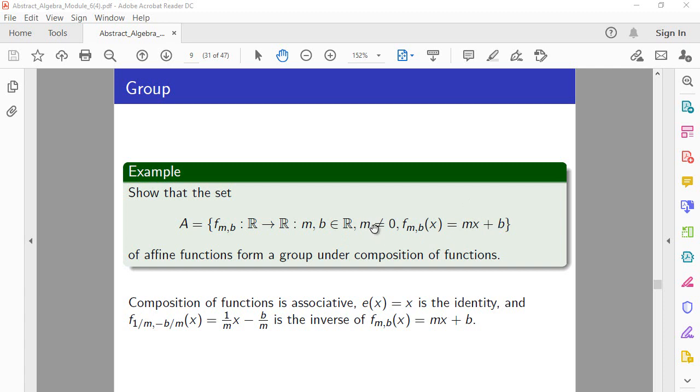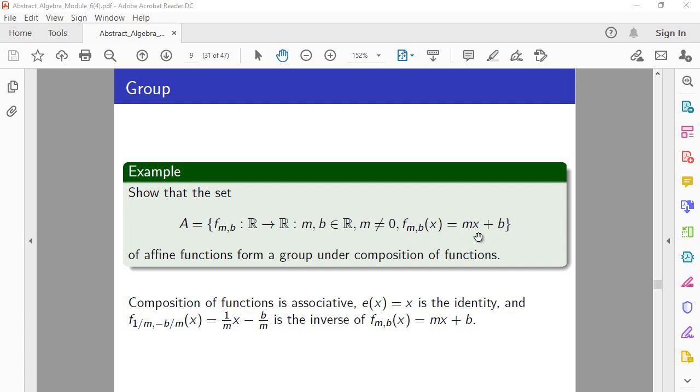Remember that m is the slope, so these are all straight lines. By saying that m is not zero, we are only picking straight lines with non-zero slopes. Straight lines with zero slopes are horizontal lines, and they don't have inverses.